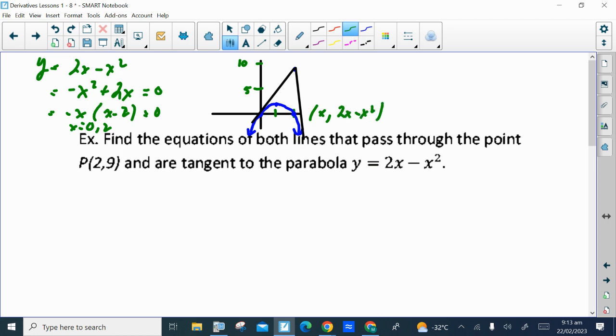So this is an expression for our two points of tangency: (x, 2x minus x squared). And this point up here is the point (2, 9).